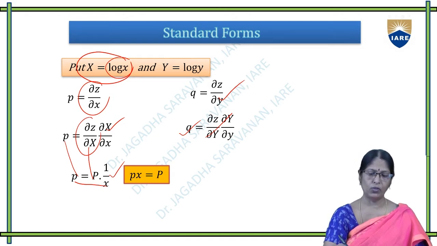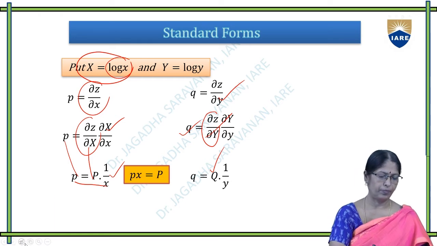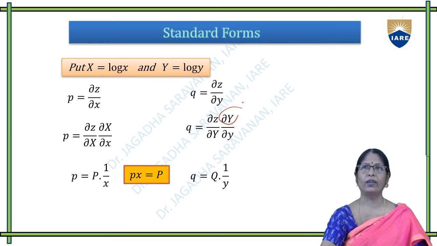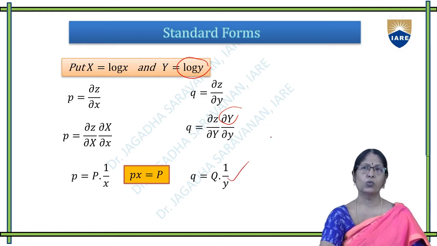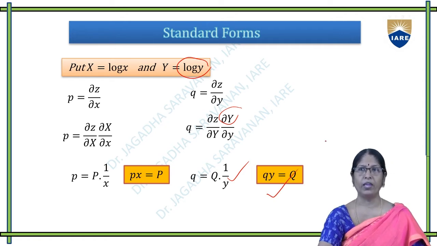Now dou z by dou capital Y, the notation is capital Q. And this capital Y, we have to differentiate partially with respect to small y. The derivative of log y is 1 by y, we can see it here. So small q equal to capital Q into 1 by y. So finally we obtained qy equal to capital Q. And one more thing: here, one doubt should occur in our mind.